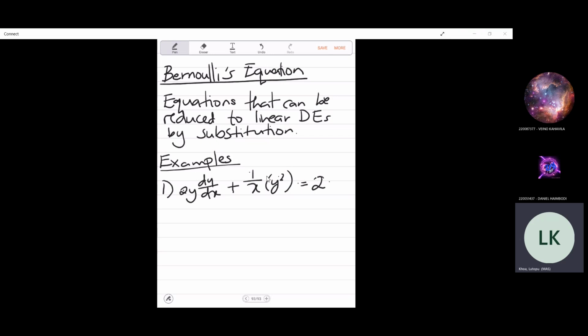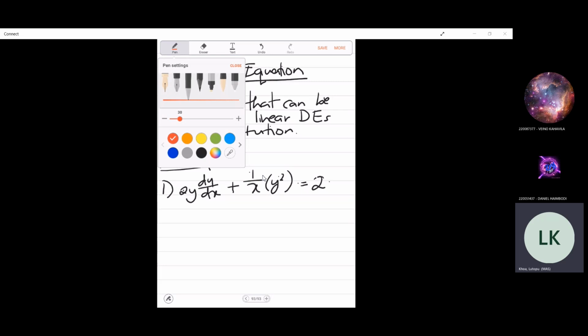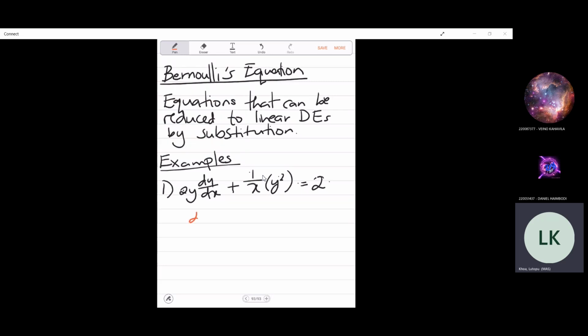Okay, so here we know that a linear differential equation must look like this. We have dy/dx plus p of x times y, and this is equal to q of x. So this is what a linear differential equation must look like.